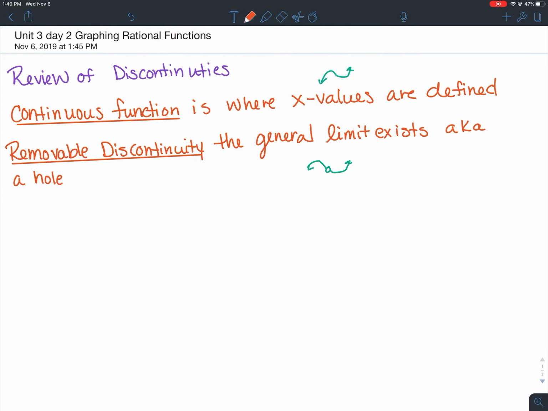Because that's different than a jump discontinuity.